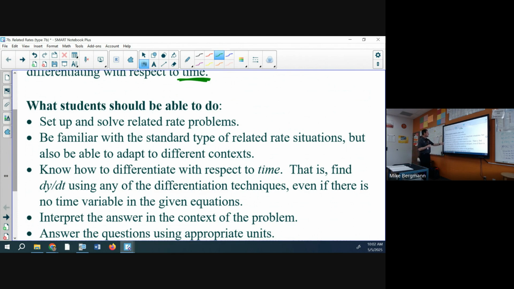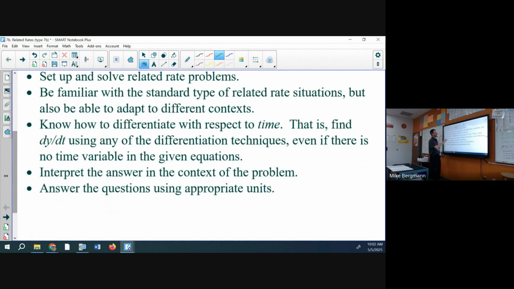Third bullet point, and this is kind of the key with all of these in general: understanding that we are differentiating with respect to time. We're using dy/dt or dh/dt or dr/dt, whatever it is, and in any of these, dt is the key thing here because we are saying how something changes over time. We use all of our differentiation techniques, even if there is no time variable in the given equations.